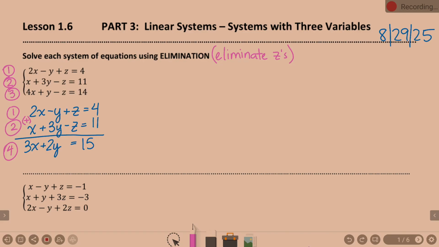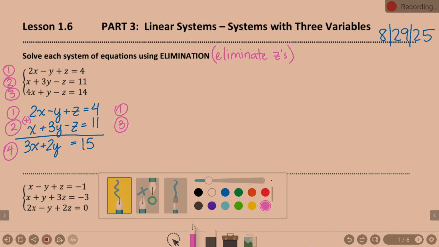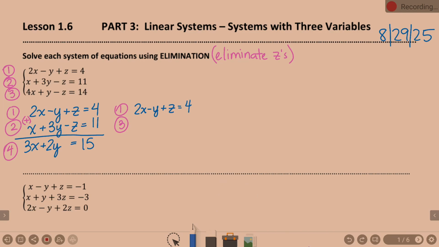Okay, so I'm going to repeat this process this time with 1 and 3. So equation 1, 2x minus y plus z equals 4. Nope, don't copy the wrong equation like I started to do.